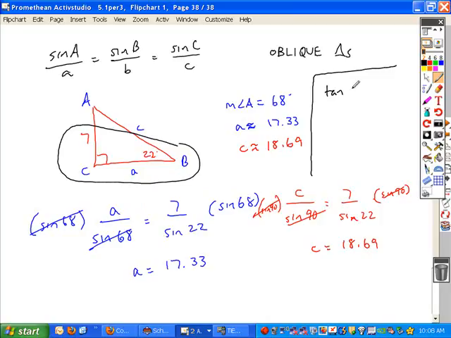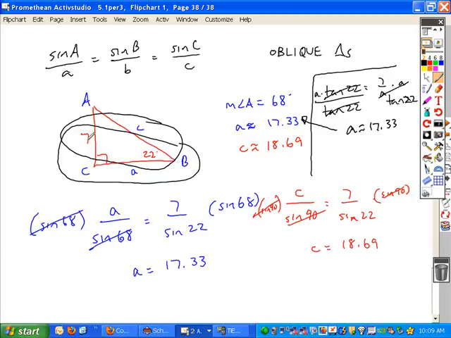The tangent of 22 is equal to opposite over adjacent. And so what you could do here is, if you multiply both sides by A, and then divide by the tan of 22, you can solve for A. A is going to equal 7 divided by the tangent of 22. So we get 17.33, which confirms.